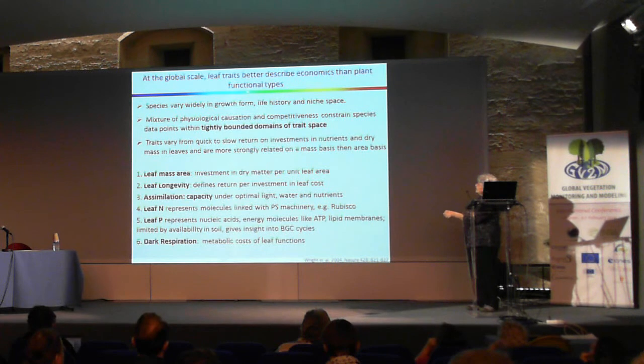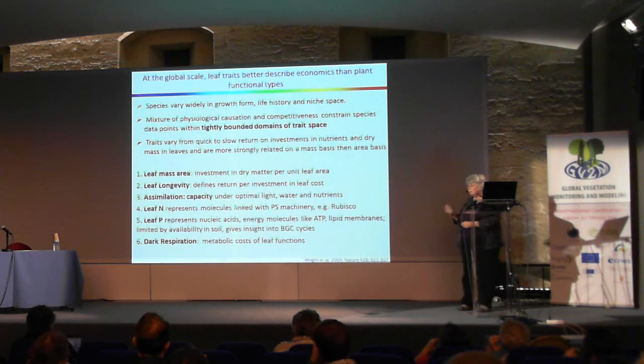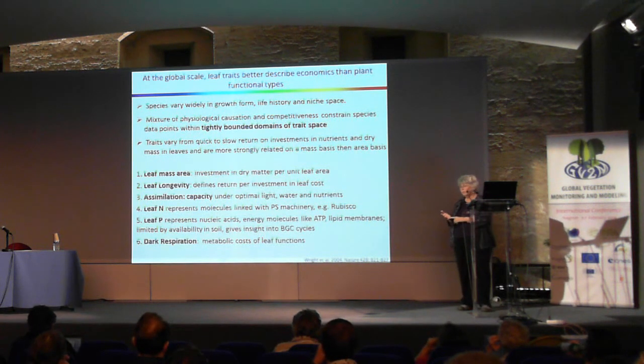So at the global scale, I think that leaf traits are better descriptive of the economics of plant functional types because the variety of growth form and history and niche space affect either the traits or the functional groups somewhat differently. You have a mixture of physiological causation and competitiveness that bounds this trait space, resulting in suites of traits going together.